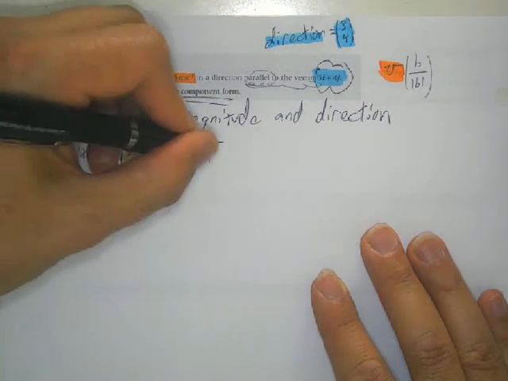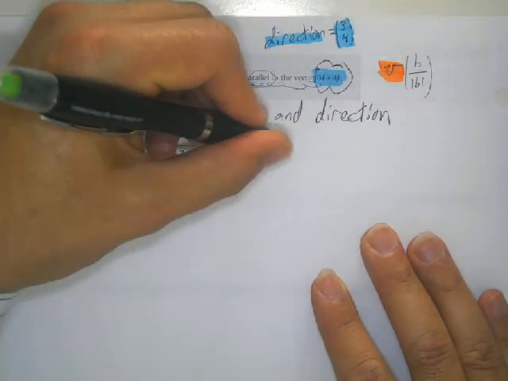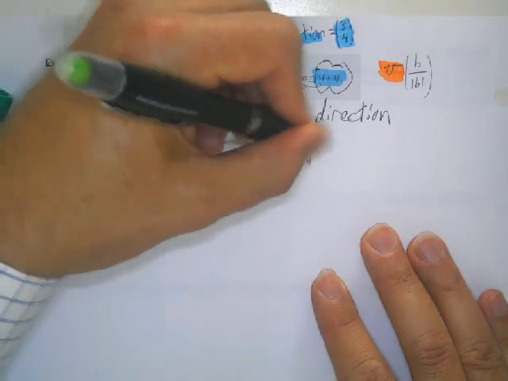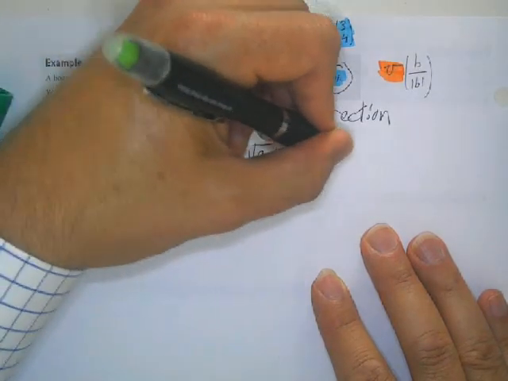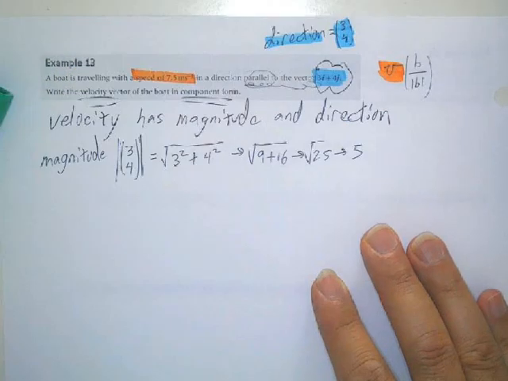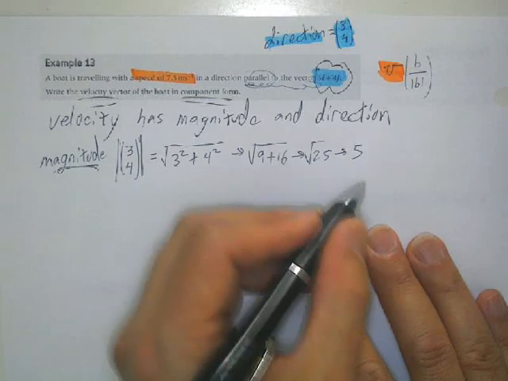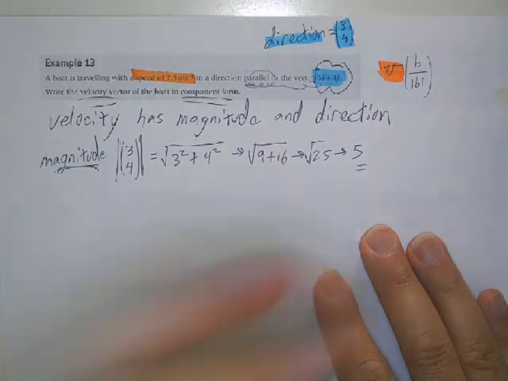My magnitude is going to give me a length of 5. This has a magnitude of 5, and we want it to have a magnitude of 1.